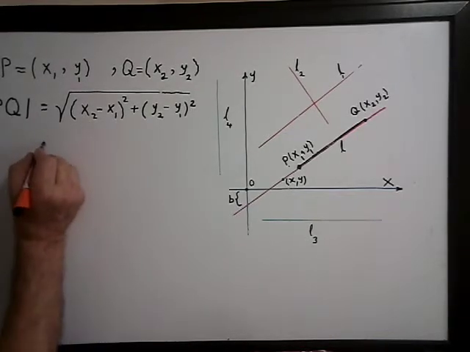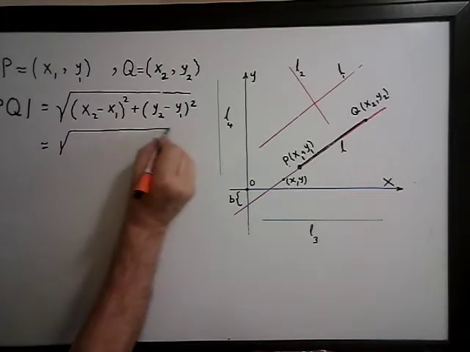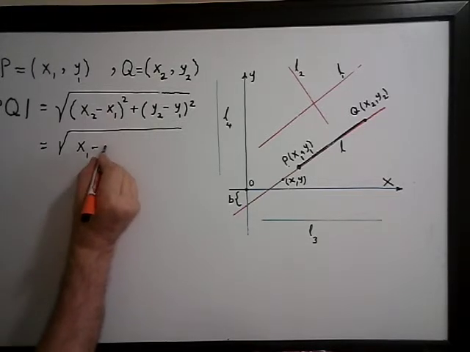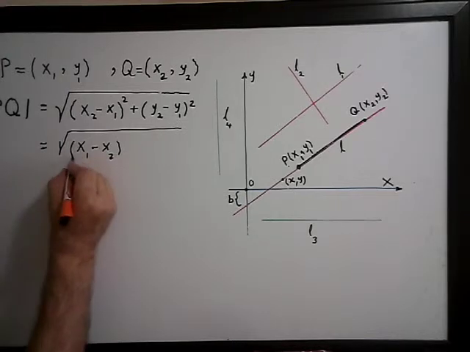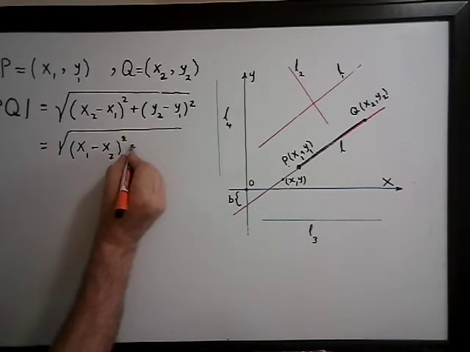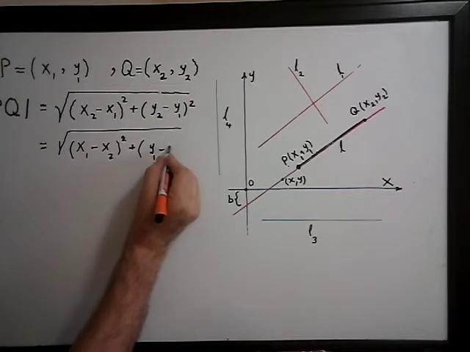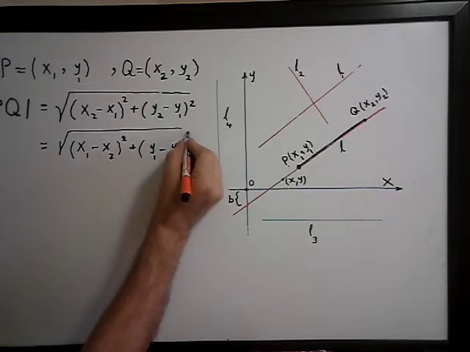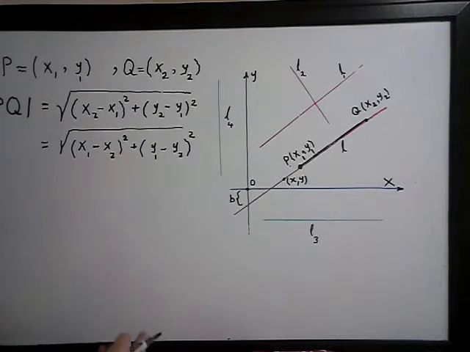That means I can write this rule in a different shape, like x1 minus x2 squared plus y1 minus y2 squared. This is the rule we use to find the distance between any two points.